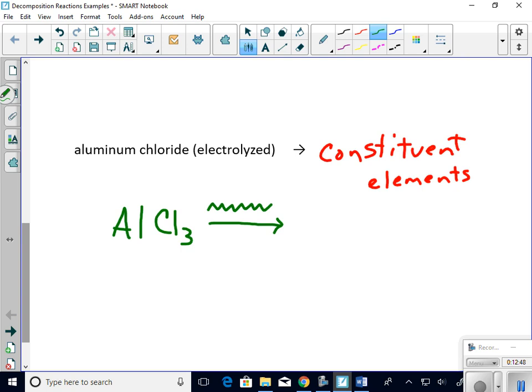Now, let's just take a break here and let me explain this electrolyzing. Those of you that took IPS last year have done this. You had water, you put a power source onto 2 different leads into the water and collected gas into 2 test tubes.